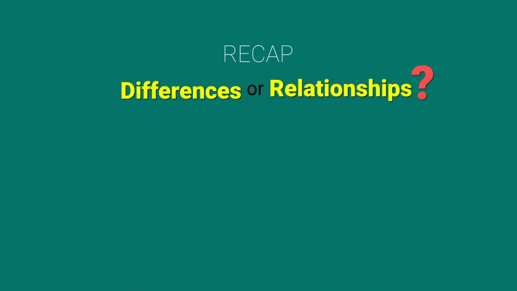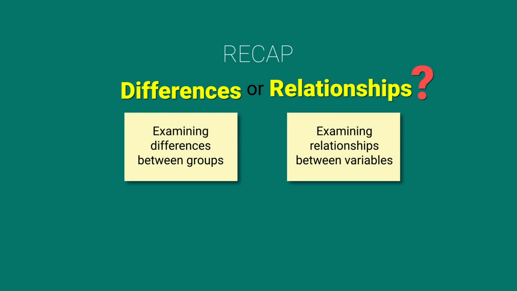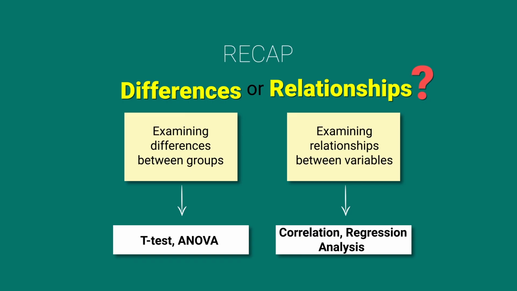So let's start with differences or relationships. Differences are examined when there are two groups, and for that we use the t-test or ANOVA test. When we are talking about correlation or regression, there is a relationship between two variables, and in that case correlation and regression analysis are used.